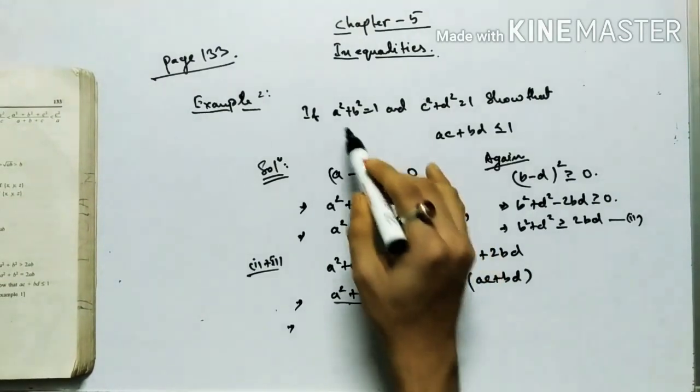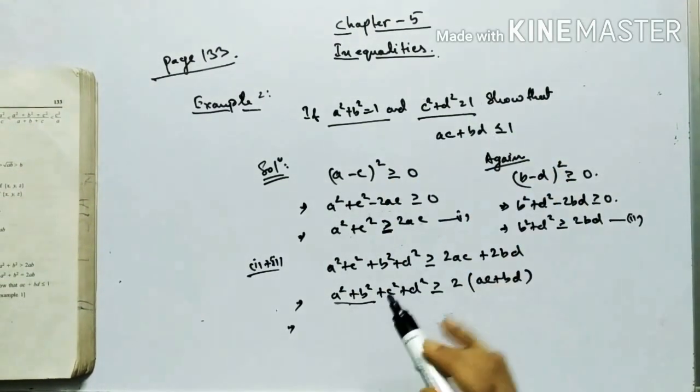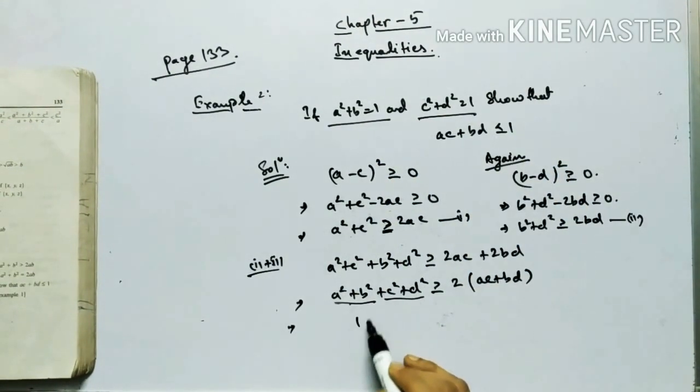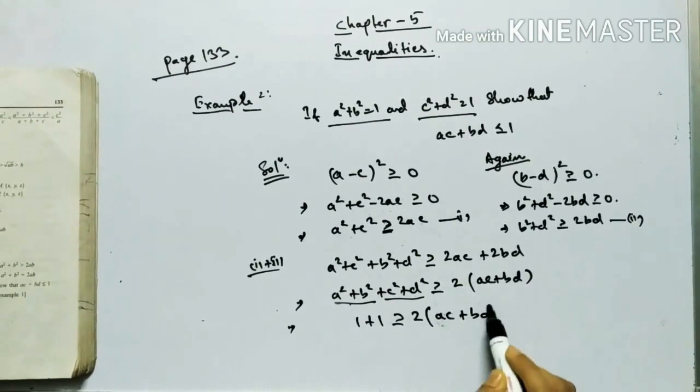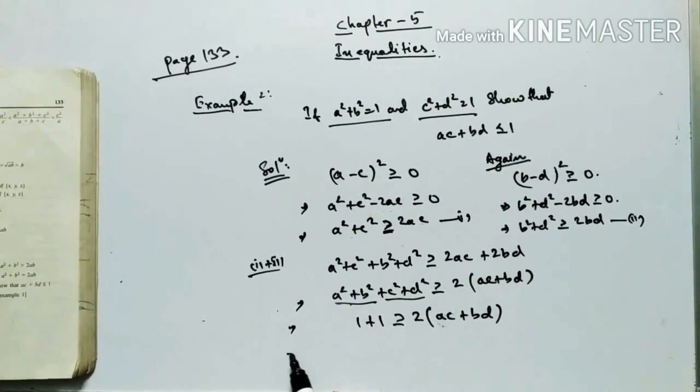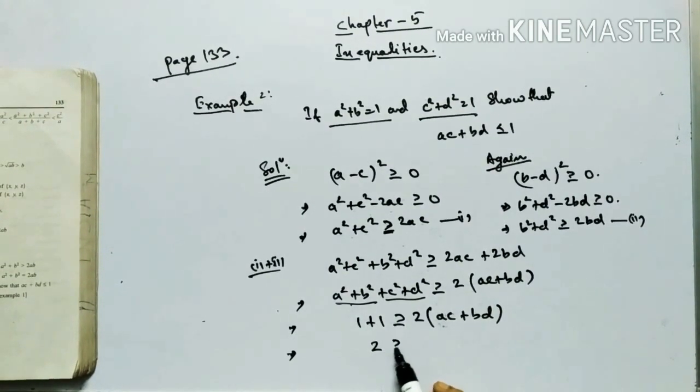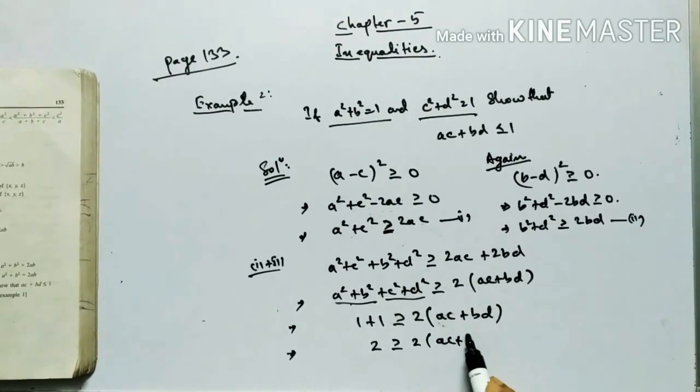A square plus B square is 1, given, and C square plus D square is 1, given. So 1 plus 1 is greater than or equal to 2 times (AC plus BD).